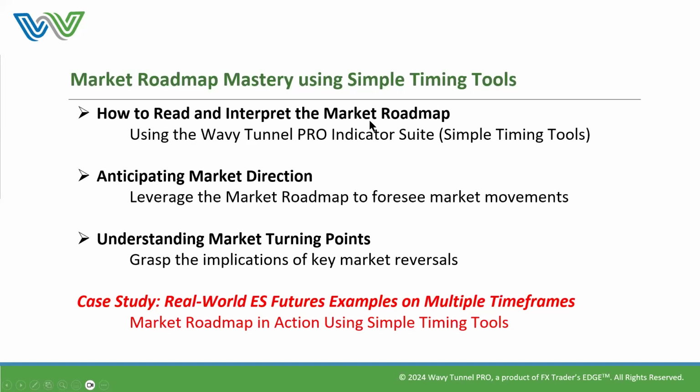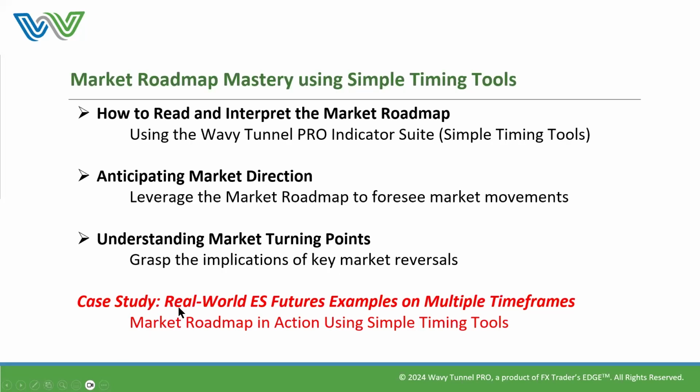How to read and interpret the market roadmap using the Wavy Tunnel Pro Indicator Suite, simple timing tools. How to anticipate market direction and leverage the roadmap to foresee market movements. And understand the market turning points, grasping the implications of key market reversals.